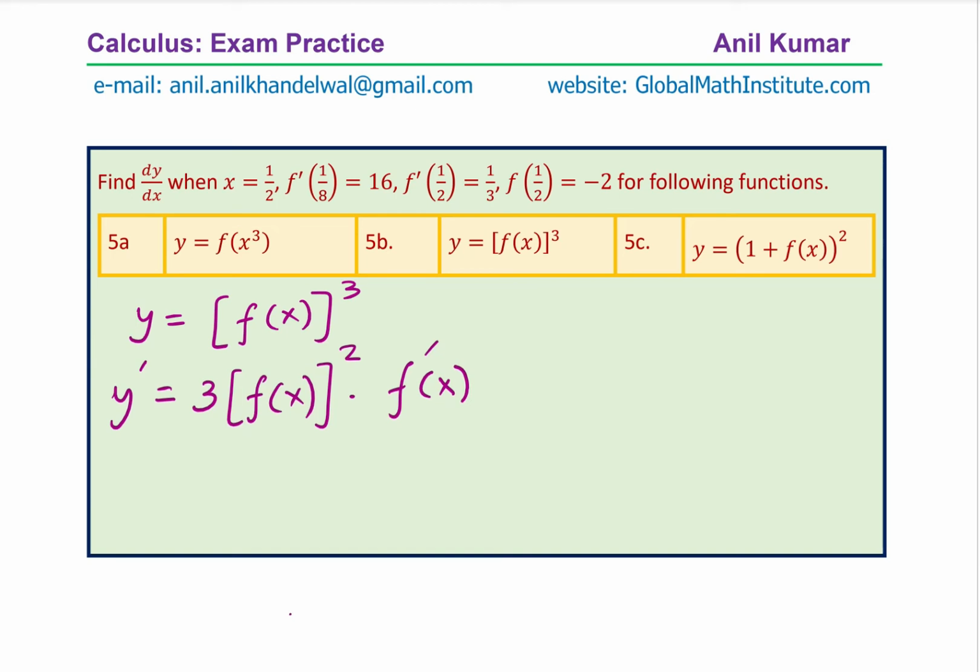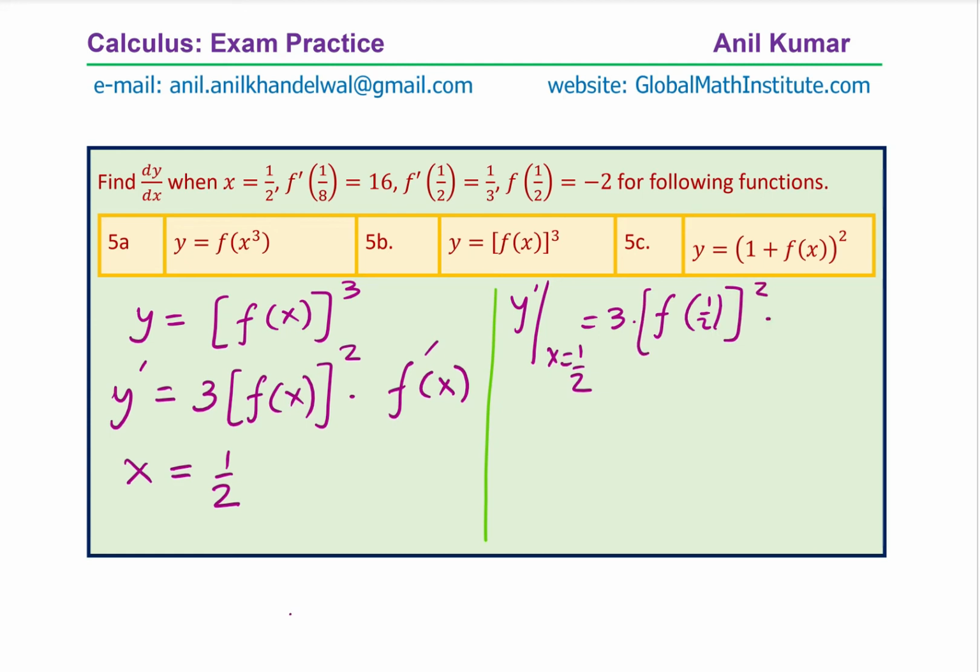Now again, we have to figure out what this derivative is at x equals half. So we can substitute our values as we did earlier and calculate. So we have y prime at x equals half equal to 3 times f of half whole square times f prime of half.